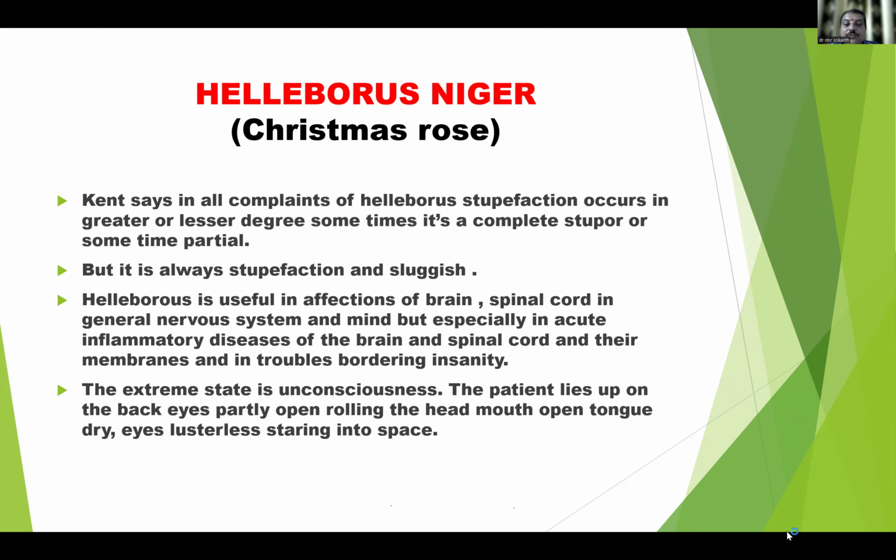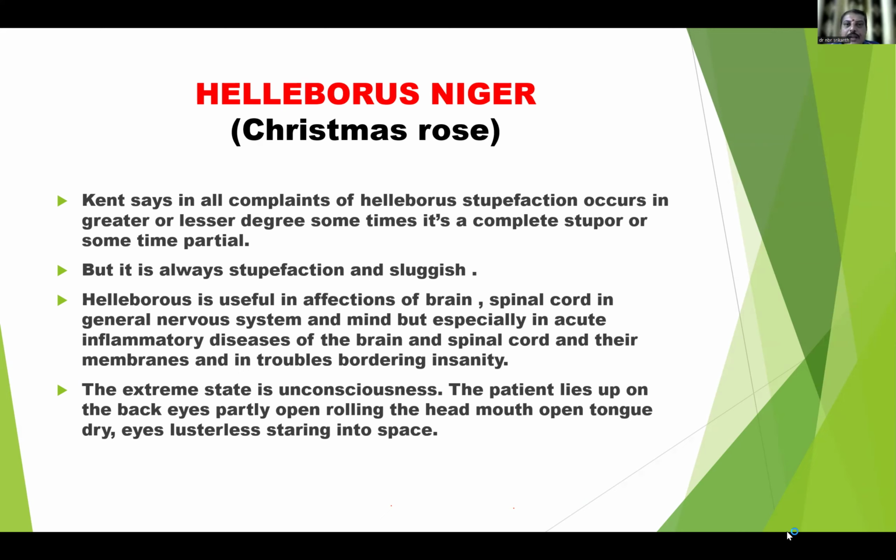Helleborus is useful in affections of the brain, spinal cord, and in the general nervous system and mind, but especially in acute inflammatory diseases of the brain and spinal cord and their membranes, and in troubles bordering on insanity. So this is the chief region where our Helleborus will help us.